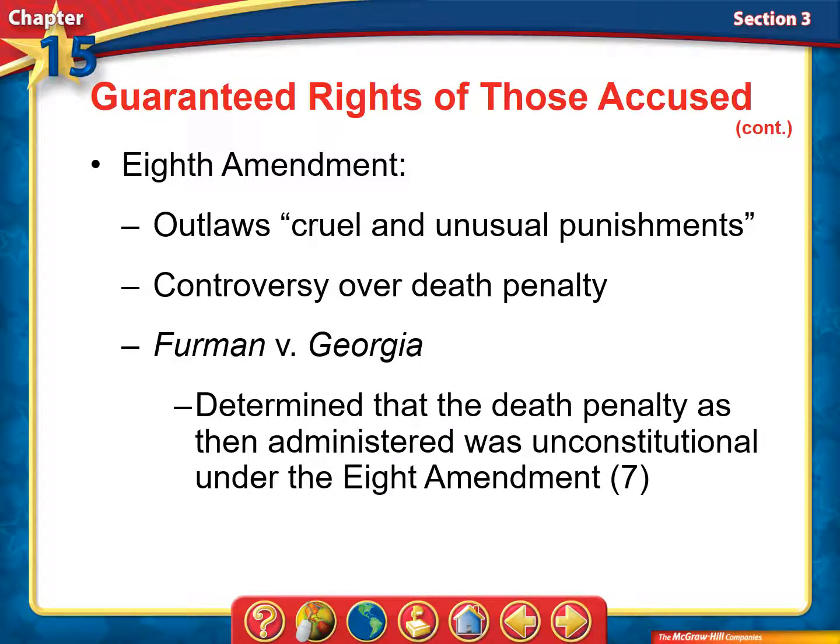But that brings up the case of Furman v. Georgia. In the case of Furman v. Georgia, the death penalty, as was then administered, was deemed unconstitutional. Once upon a time, if you were convicted and sentenced to death, they hung you. That was deemed cruel and unusual.